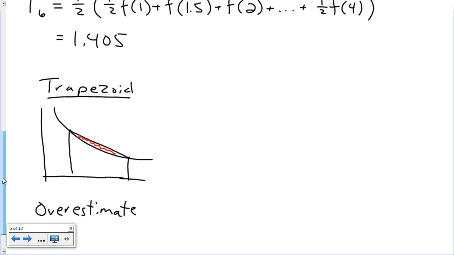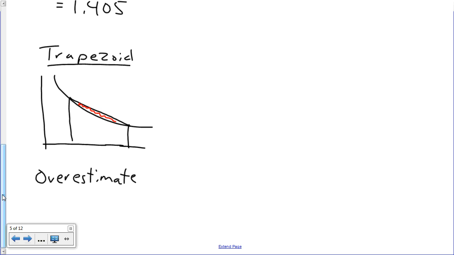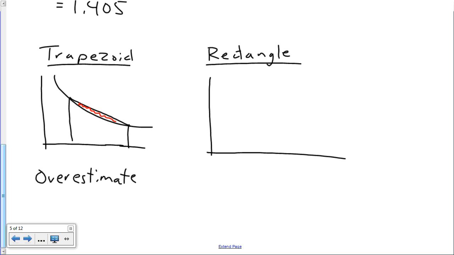Okay. Now you can do something similar here with rectangles, your Riemann sum. Again, I'll just sketch a function here, and we've got a decreasing concave up function, and I'm going to sketch in, again, kind of one subinterval, but I'm going to exaggerate it a little bit so it's a little bit easier for us to see what's going on here.